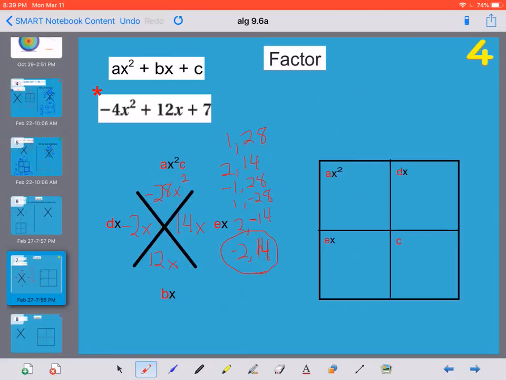So now we're going to go over to our box. Ax squared was negative 4x squared. Dx we figured was negative 2x. Ex was 14x. And our c we found was 7, or we were given that 7.